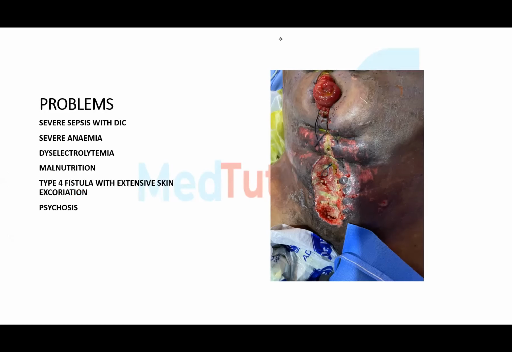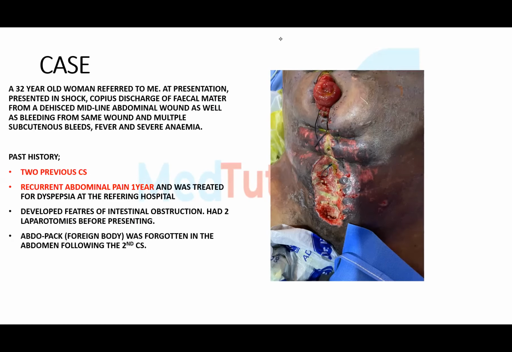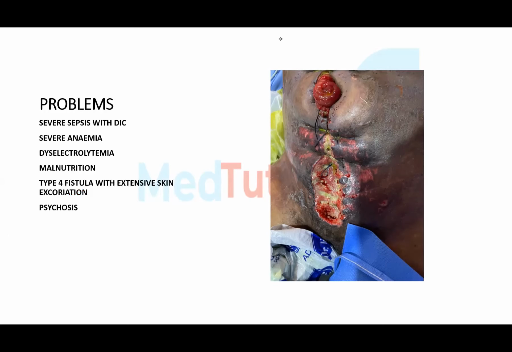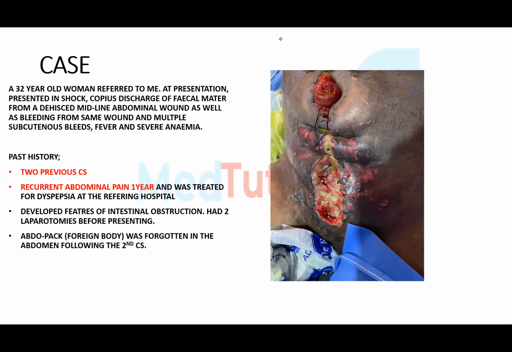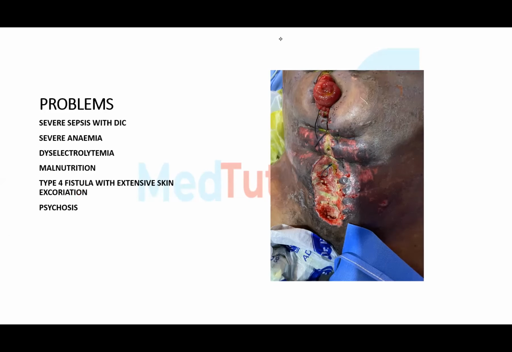And of course, when she came, he was requesting to go for a third laparotomy, and the relatives refused, and they requested referral to another facility. She came in shock, and the medical officers were battling at the A&E.